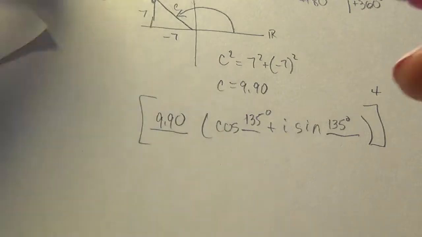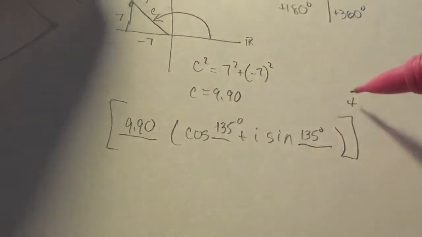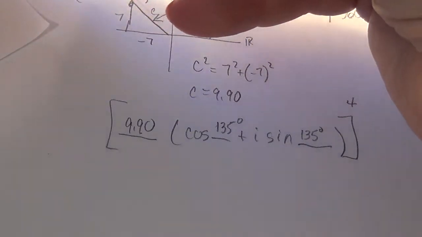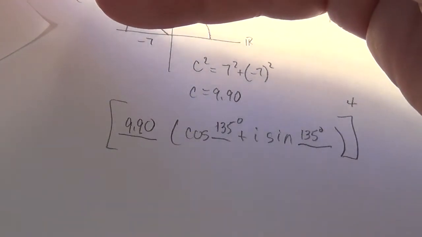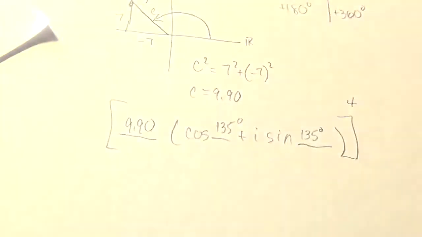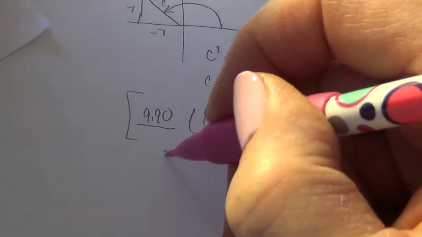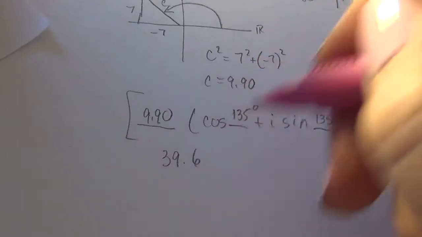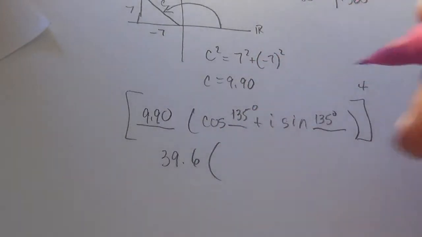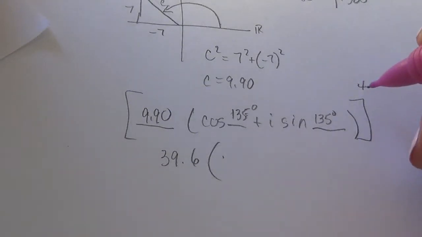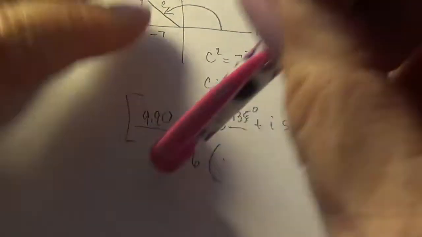And de Moivre noticed that you just multiply this times that. 9.90 times 4 equals 39.6. And this cosine, then he noticed that this angle is multiplied. Oh, I did that wrong.